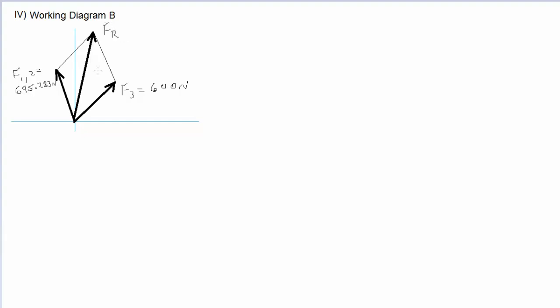Now we need some angles on here. So let's go ahead and draw the angles that we need. We have the angle over here between FR and the y-axis. That angle I call delta, and that equals 27.2357.